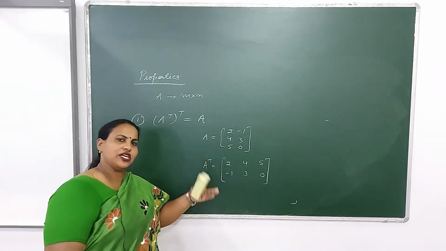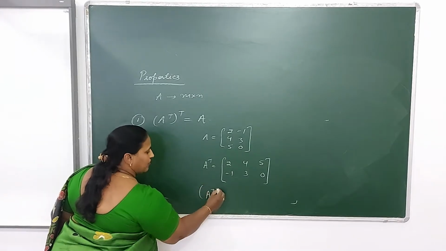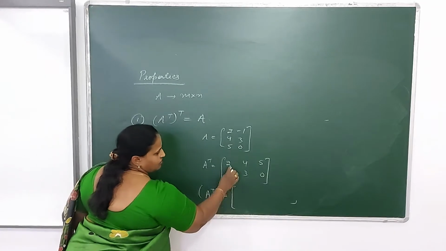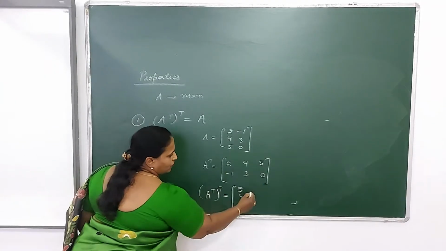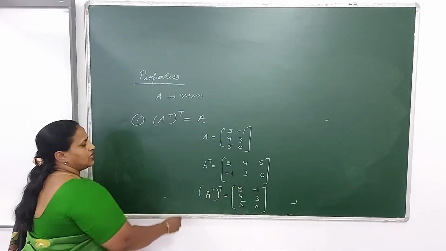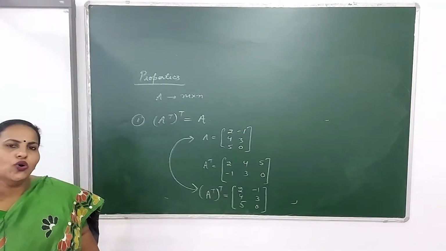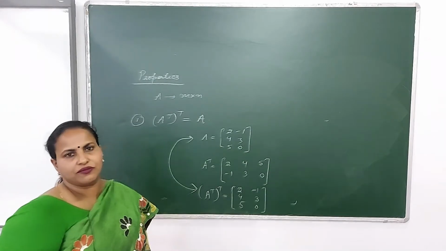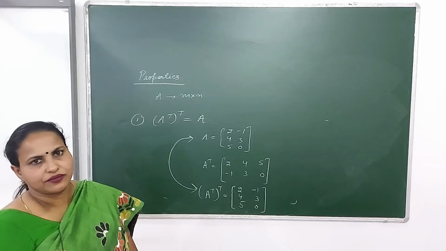Once again take the transpose of this matrix. So taking the transpose of A transpose, back to the same. This is the first row, take it as first column. This is the second row, take it as the second column. Now what is the conclusion? The conclusion is A transpose whole transpose is A itself. So this is the first property.